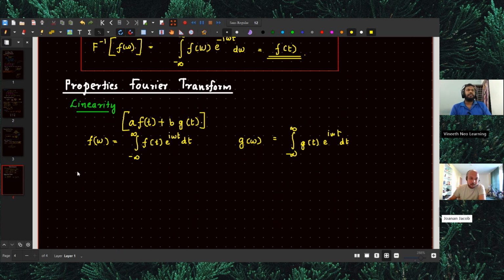So the Fourier transform of a f of t plus b g of t would simply be equal to the integral from negative infinity to infinity of a into f of t plus b into g of t, the whole multiplied by e raised to I omega t dt.